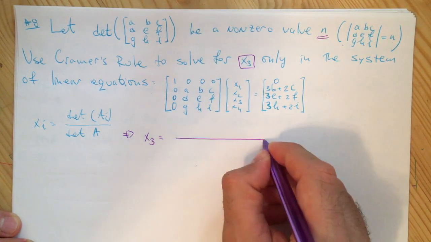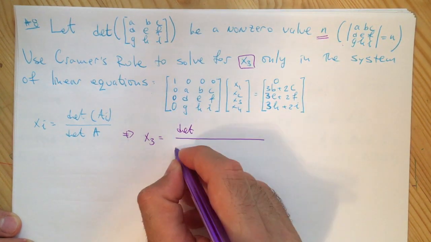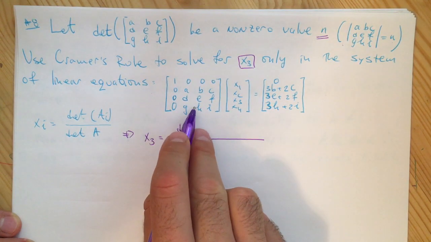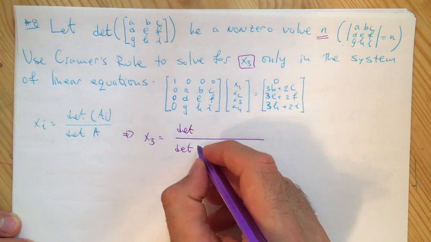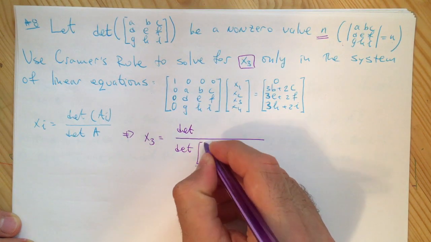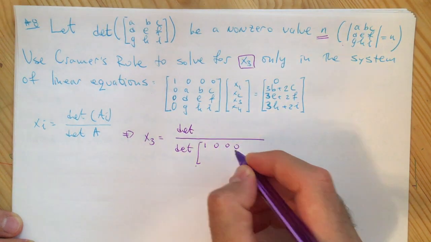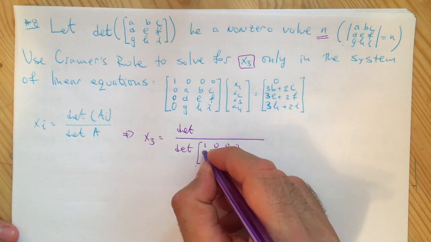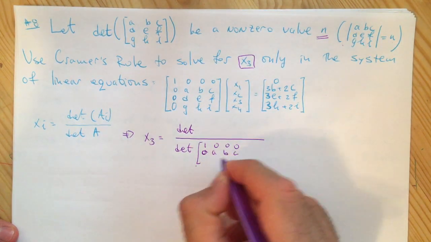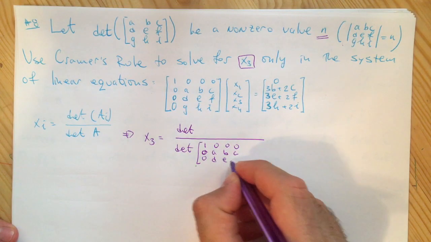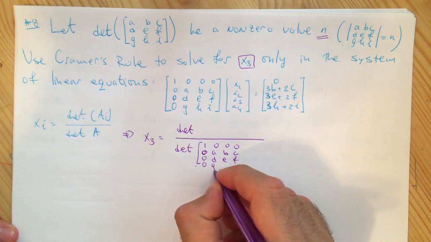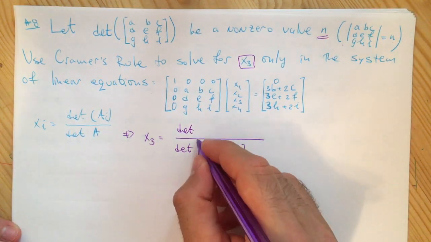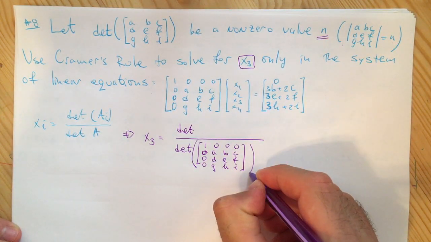It is going to be equal to the determinant. In the denominator, I have the matrix of the matrix equation, so that's 1, 0, 0, 0, 0, A, B, C, 0, D, E, F, 0, G, H, I. So the determinant of this matrix.